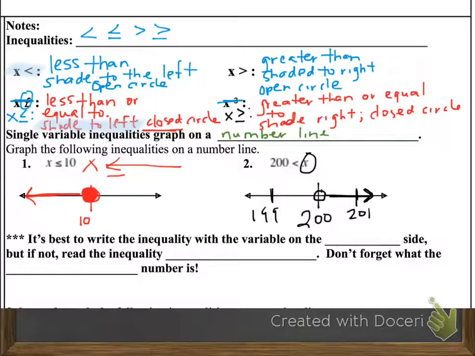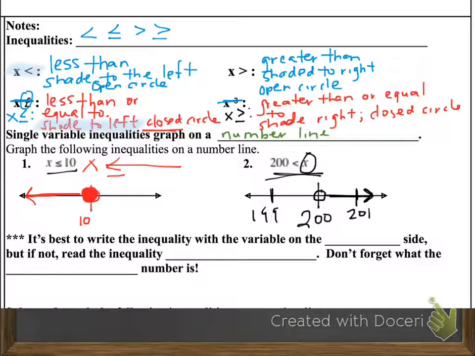Now let me explain that shading one more time, okay? When you shade something, that means you're including that in the solution. So going back to number 1, if x is less than or equal to 10, that means 10 is an answer choice. So 10 works, 11 works, and so on and so forth. But over here, 200 is less than x, so 200 is not an answer choice. Any number greater than 200 is an answer choice, but 200 does not count.